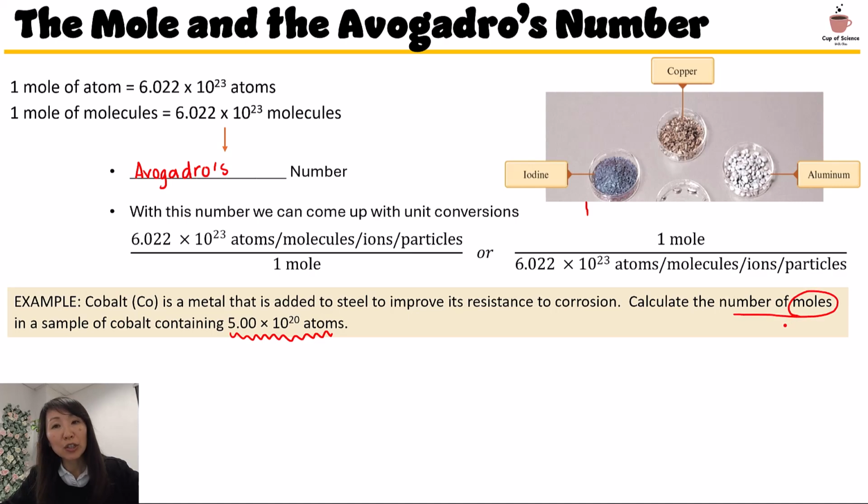So I'm going to start off with what's given, which is 5.00 times 10 to the 20, and don't forget the units, atoms.